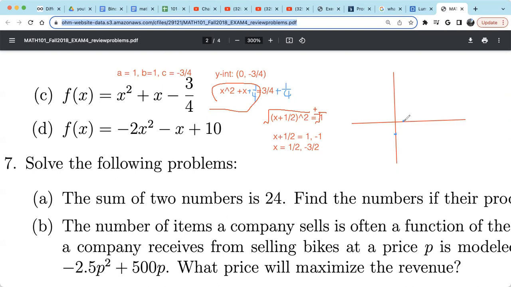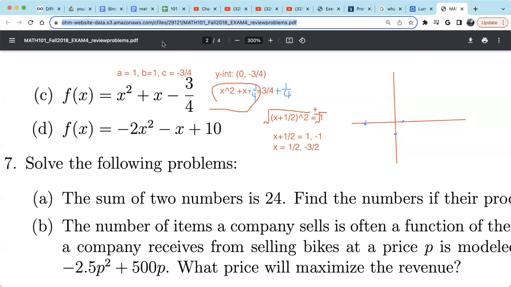So I have (1/2, 0) as an x-intercept. Then I have -3/2. So this is a half, this will be 1, -3/2 will be somewhere here. This is my other x-intercept. So I have a y-intercept and two x-intercepts.